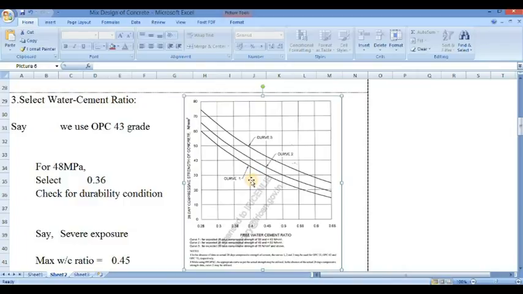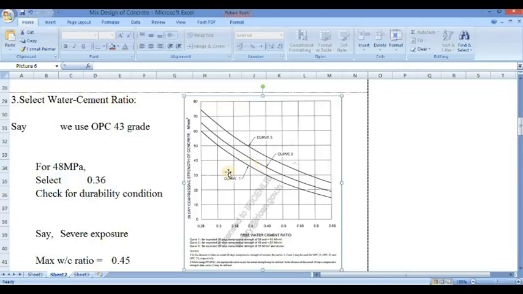Each one is for one type of cement. Curve 1 is for OPC 33, curve 2 is for OPC 43, curve 3 is for OPC 53. In our case we are using OPC 43, so we have to pick up curve 2.